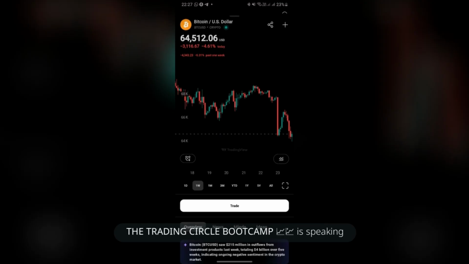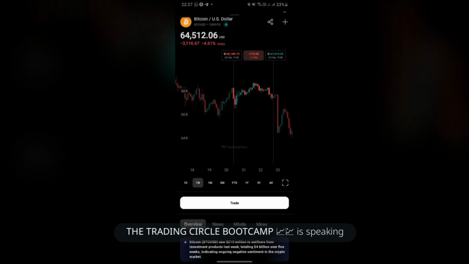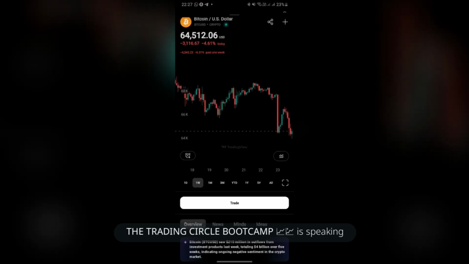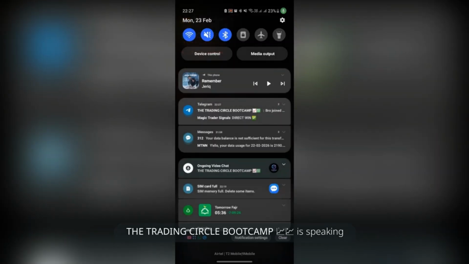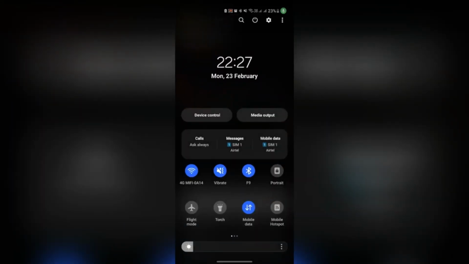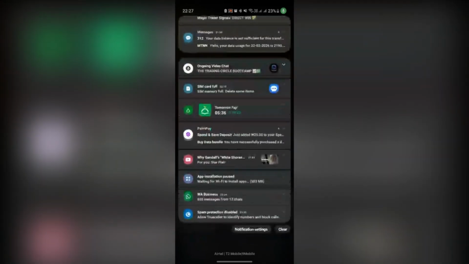Now in trading, we use candlestick patterns to analyze the market, and this is what a normal market looks like. So let me use candlesticks.